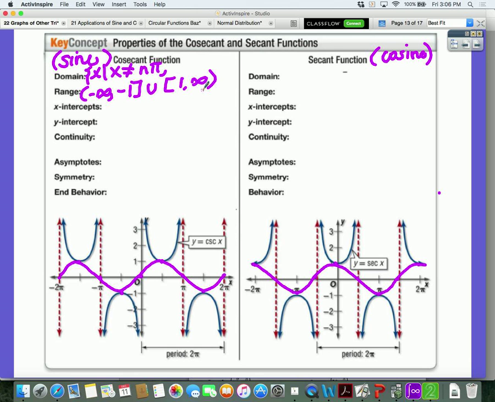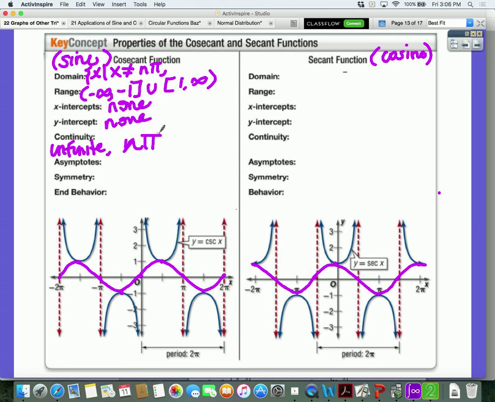Your intercepts, do you have any? No, you don't. Do you have a y-intercept? No, you don't. And it's definitely not continuous because there are asymptotes there as well. Your asymptotes occur at every pi. So you have infinite discontinuity.